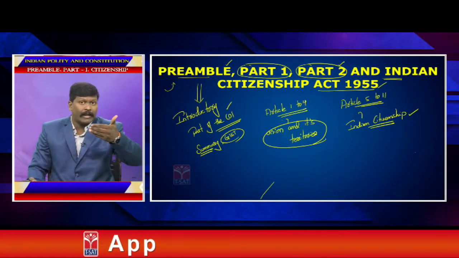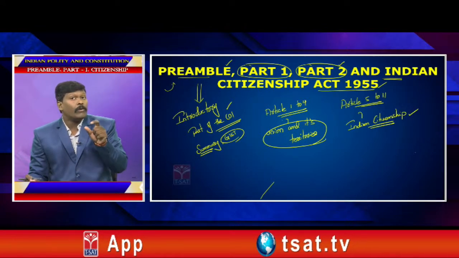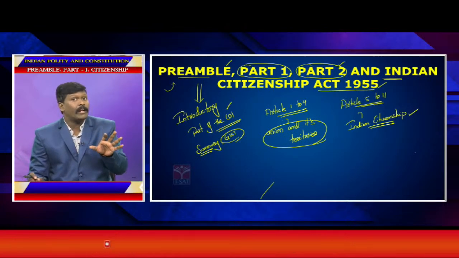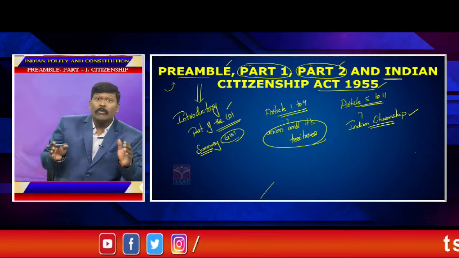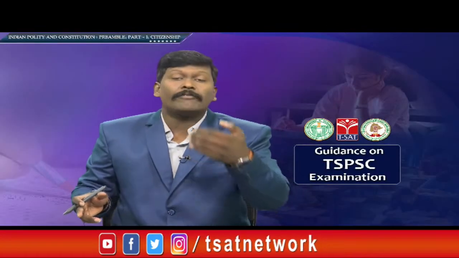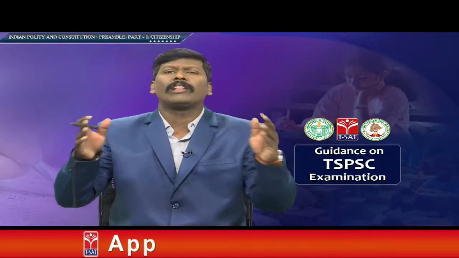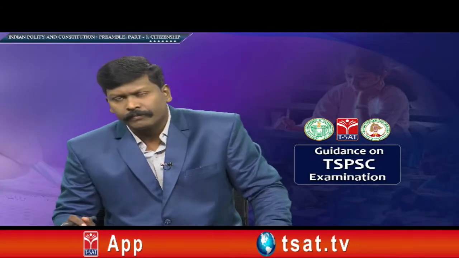This is called reverse migration. What is the status of an Indian who is not in India when India got independence? Who has the authority to regulate Indian citizenship after 1950?